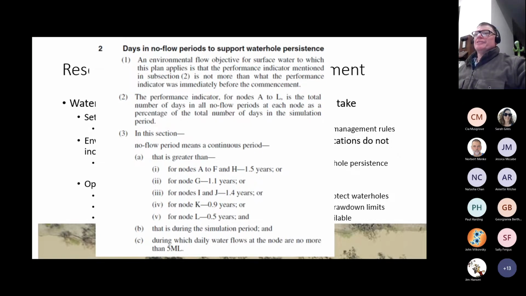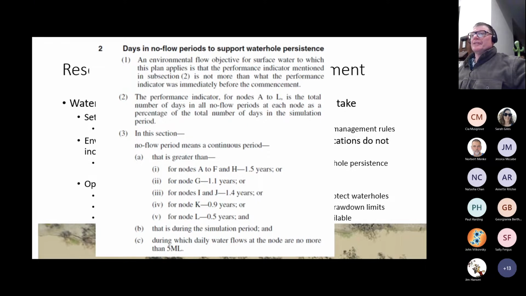But basically it's trying to do what I said before: over a whole model simulation period, the proportion of days where spells are longer than the amount of time it takes for a waterhole to dry up can't be increased. And for different parts of the system, it's expressed as different spell durations, which is based on the waterhole modelling that's been done for those particular parts of the system.